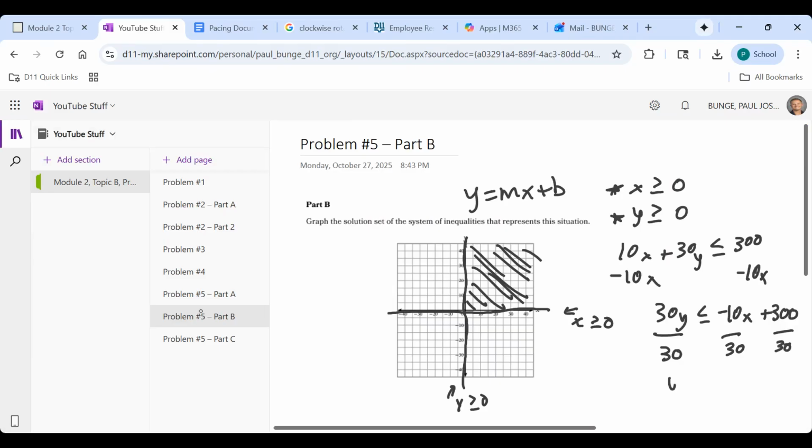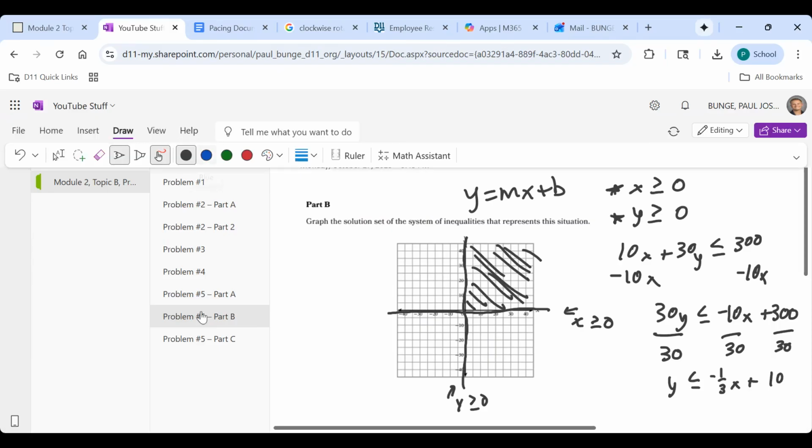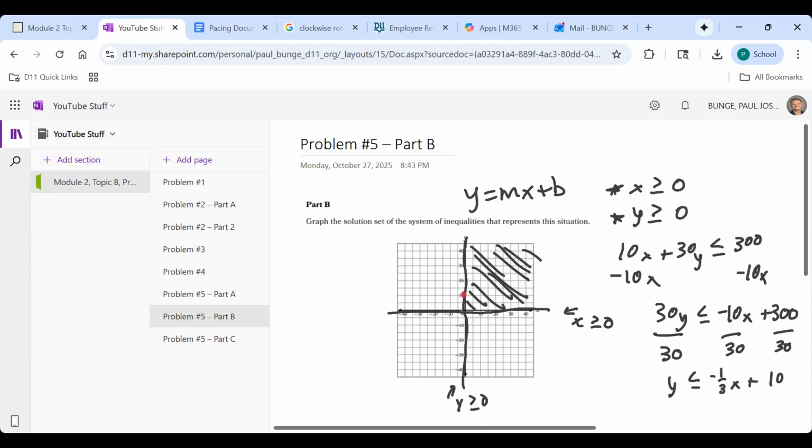And I'm left with y is less than or equal to negative 1/3 x plus 10. Okay, so the thing we just have to be careful with is identifying the fact that our numbers on our graph go up by tens. So my 10 is actually right here, and I'm going down by 1 to 3.